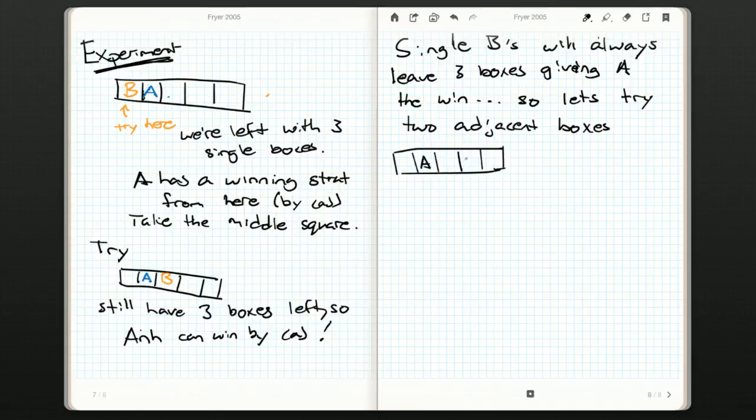We have an A over here. So we sort of moved seamlessly from our experimentation, and this is part of our explanation. Single Bs will always leave 3 boxes, giving A the win by part A. We can add that in as our little solution.